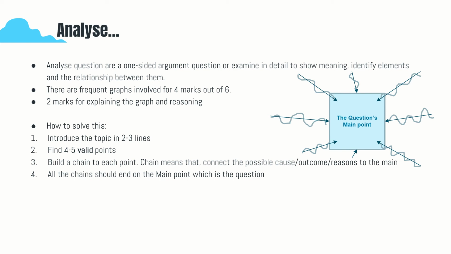So you can see that diagram, the square and the chains that I've drawn. They should all end on that main point and also start from that main point. So that should be the chain. I hope this is easier to understand.